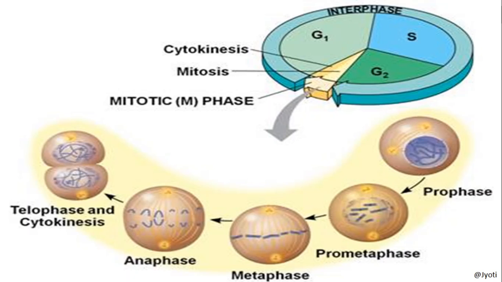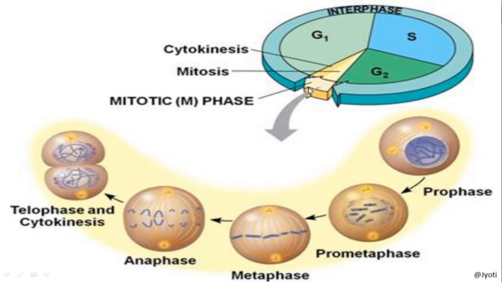So here in this picture, children, you can see the cell cycle, the graphical representation of cell cycle. You can see that, as I said, interphase constitutes 90% of the total time period of cell cycle. So the interphase consists of G1, S and G2, during which the cell prepares itself for mitosis. And now after G2, the cell enters into M phase.